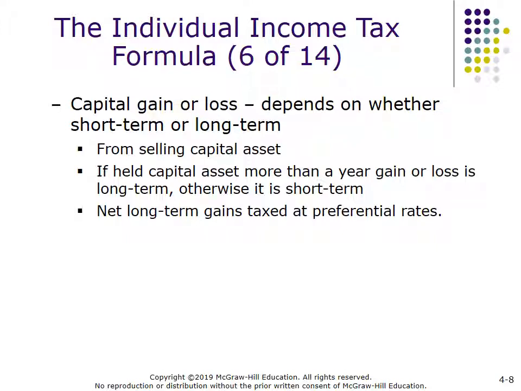If you own it for 1 year or less, it's considered a short-term capital gain and it's taxed at ordinary rates. What are the preferential rates? They're the same as qualified dividends. They could be taxed at 0, I think 15% or 20%, depending on what your ordinary tax rate is. So we'll be coming back to that, but just to introduce you to that concept.